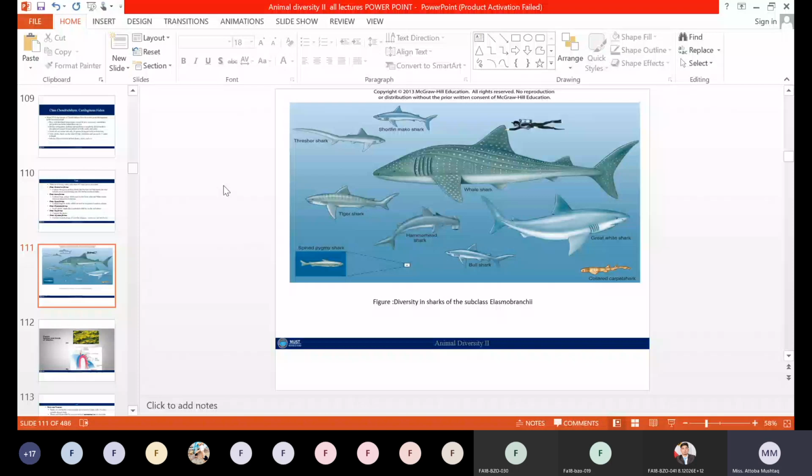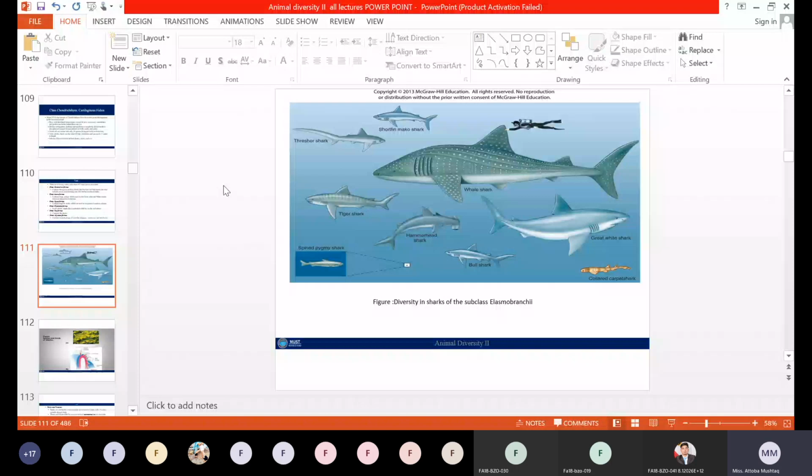These features include swim bladders, gill cover, and bony skeleton, and it is believed that these are primitive features, but this is a wrong interpretation. All these characteristics are lost due to different adaptations present in the two groups, that is elasmobranchs.